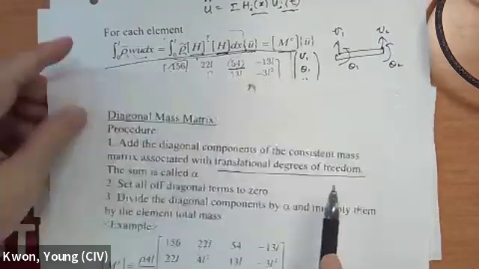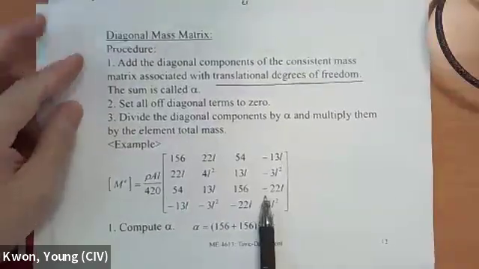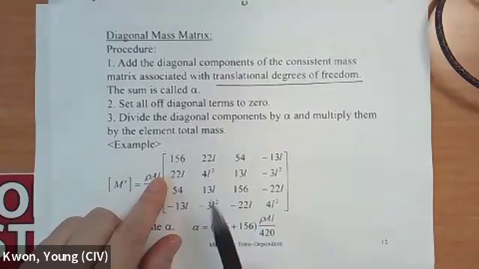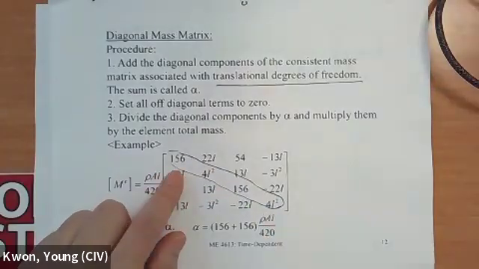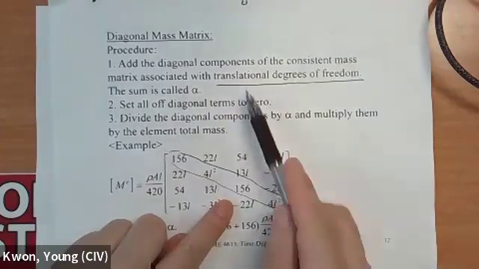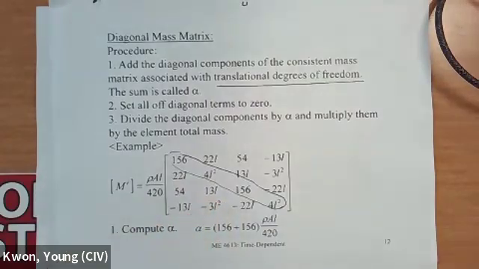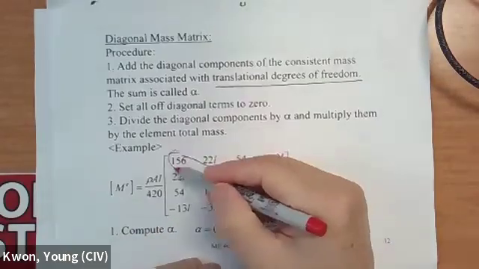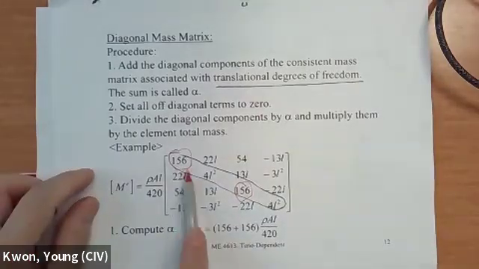For example, this is the consistent mass matrix, and the diagonal is going to be these terms. Out of those, the translational degrees of freedom are this one and that one. So you add this one and that one.